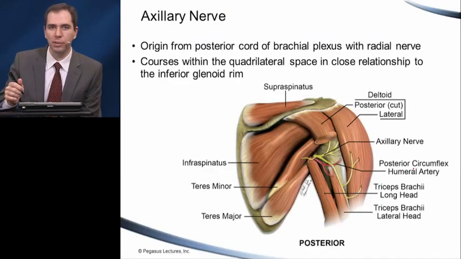So now the axillary nerve. This originates from the posterior cord of the brachial plexus with the radial nerve. It courses within what's called the quadrilateral space, comes out of the quadrilateral space, and it provides innervation to the teres minor muscle and then the deltoid muscle.